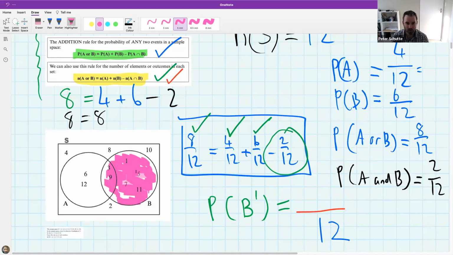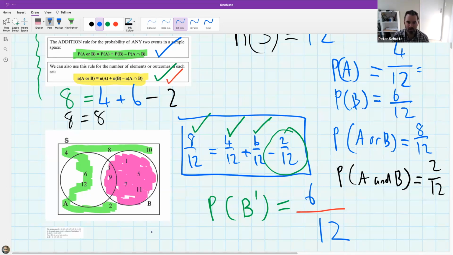If you're not in B, you are outside of B. So I can see 1, 2, 3, 4, 5, 6. So it feels to me like the probability of not being in B is going to be equal to 6 out of 12.